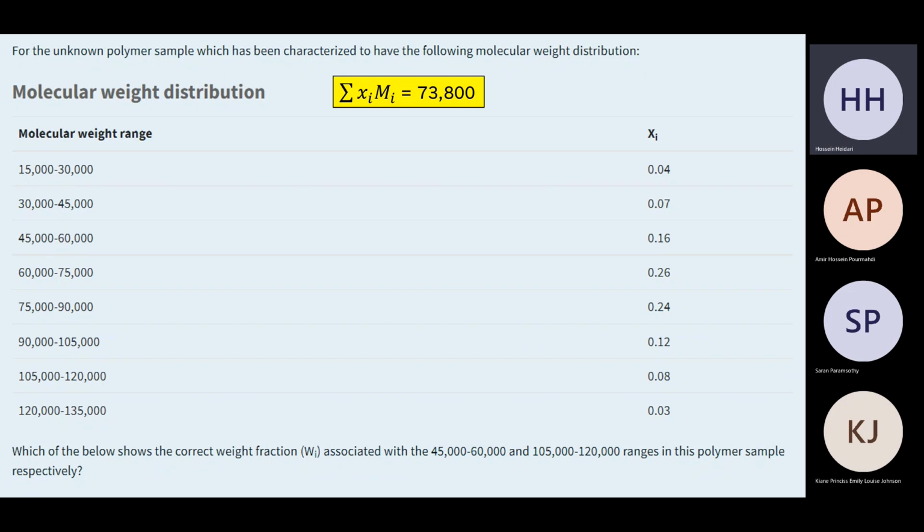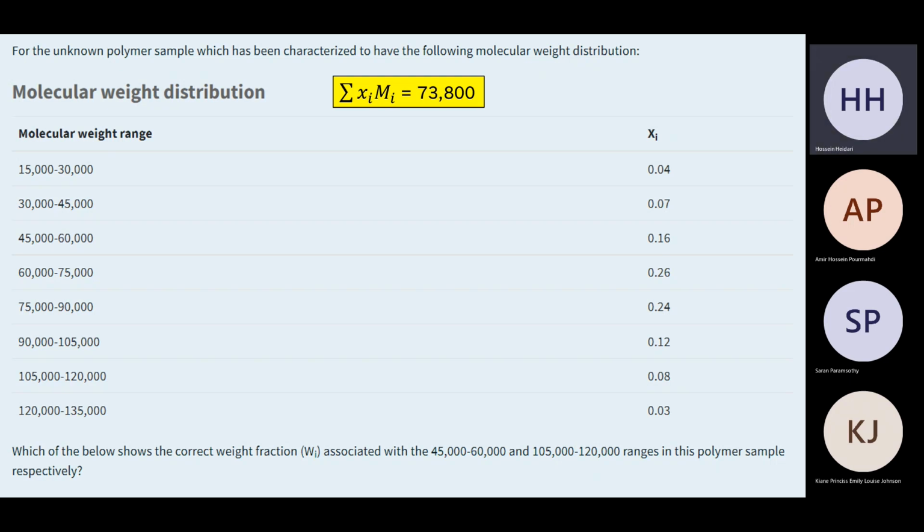So what are you doing? In essence, what you're doing is you're saying, okay, so let's say I've got 0.04. That means if I've got 100 molecules, 4 of those 100 molecules belong to that group. So what I'm going to do is, let's say for the 45 to 60K, right here.